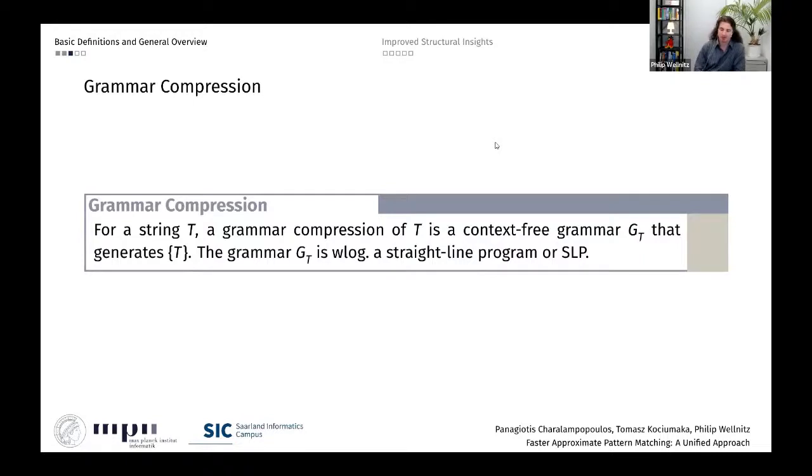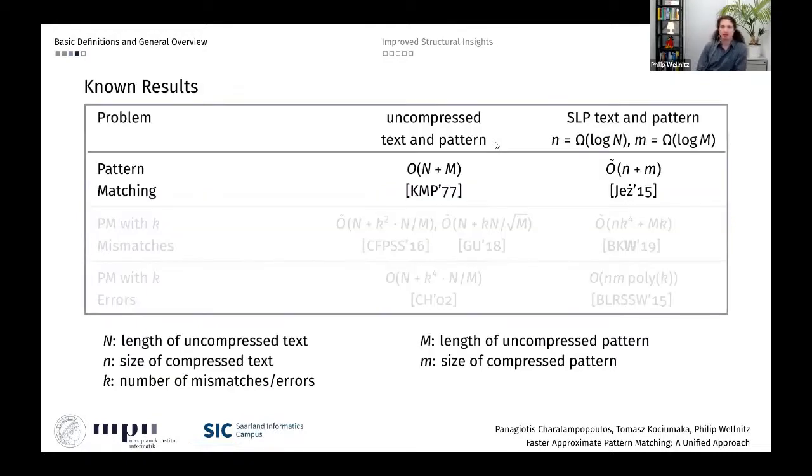To illustrate what is known, let me recall some flagship results. For the uncompressed setting, I guess we're all aware of the classical linear time algorithm for exact pattern matching.